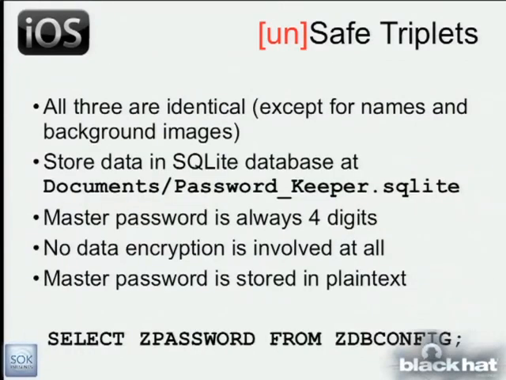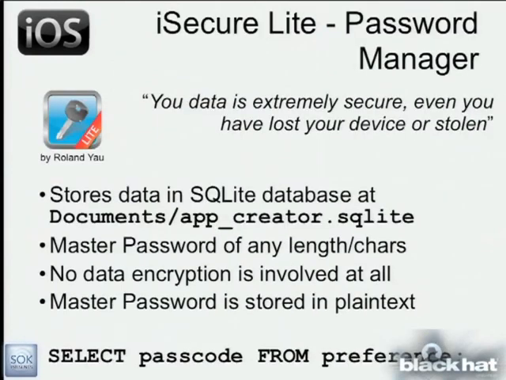But those 3 applications are not alone in the App Store. The next one, iSecure Lite. Again, nothing is encrypted. You can see the file name. It looks like some template name or some name from a code sample. So people just don't invest a lot of effort to make an application unique.